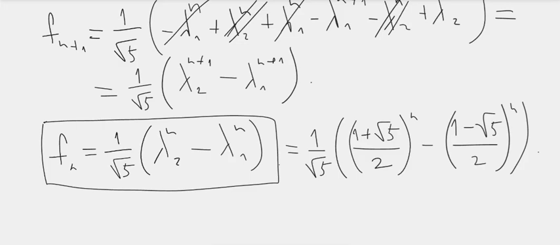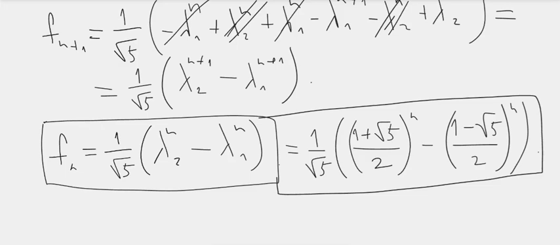And this is the final formula that we need. Notice that even though it's expressed with the square root of 5, it's actually an integer number, a natural number for every n. Yeah, so basically that's it.